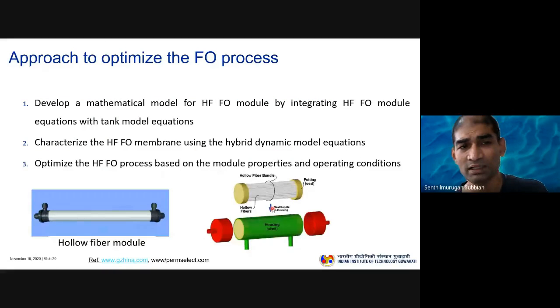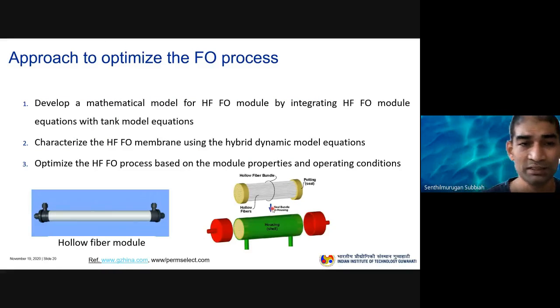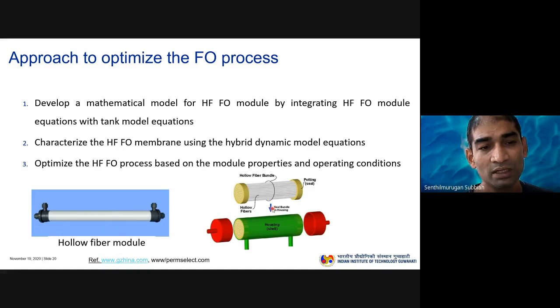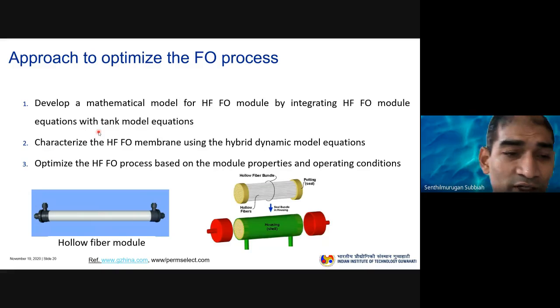So let's say if you want to optimize the FO process, what is to be done? Develop a mathematical model of the process, here a hollow fiber FO module, by integrating the other peripheral models. We have so many other peripheral models that need to be integrated. And then we need to characterize.